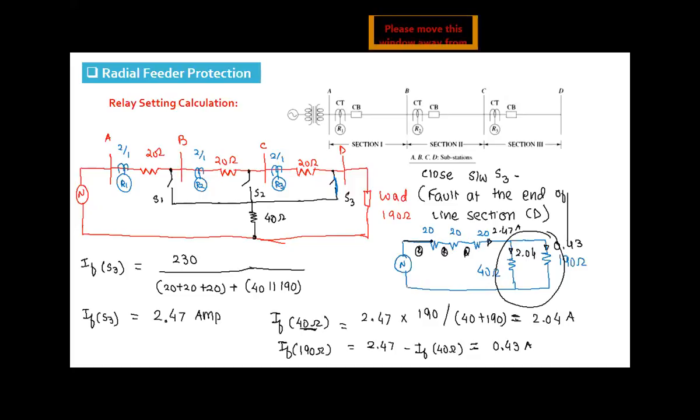So this current is passing through all three relays, primary, CT, and that will transfer into secondary. Total current is how much? 2.47. Total fault current. Yes or no? It is like this. What is this current?